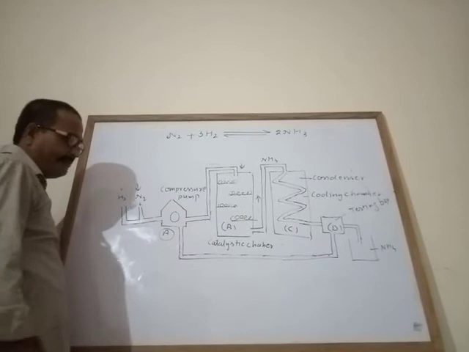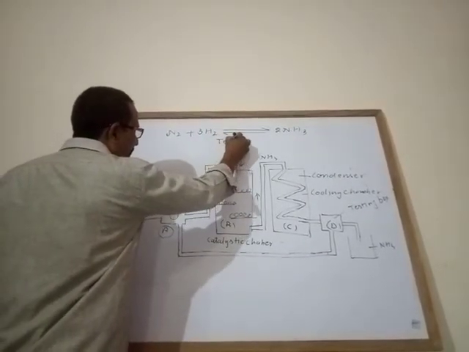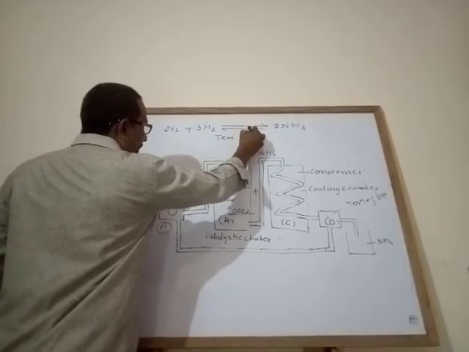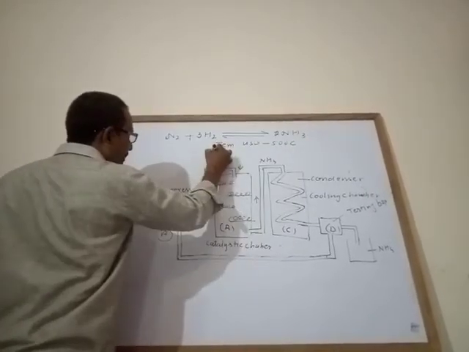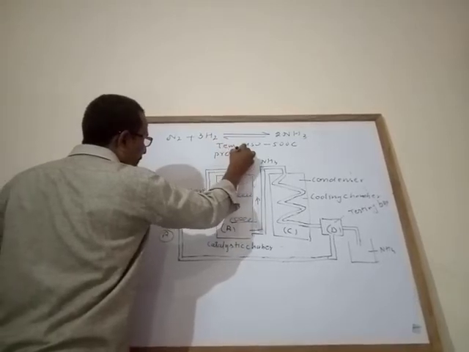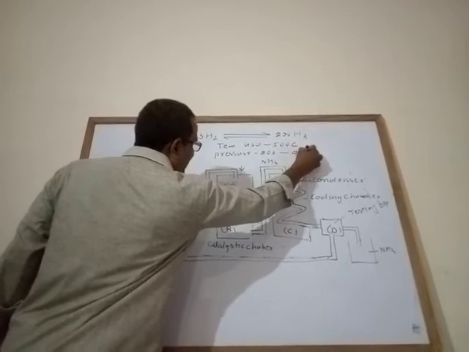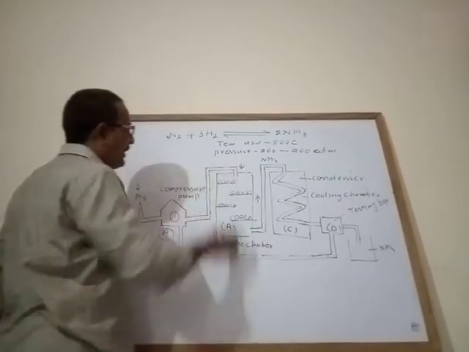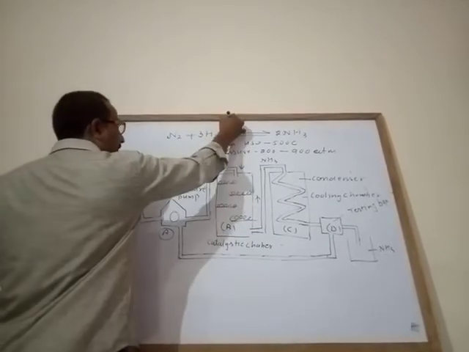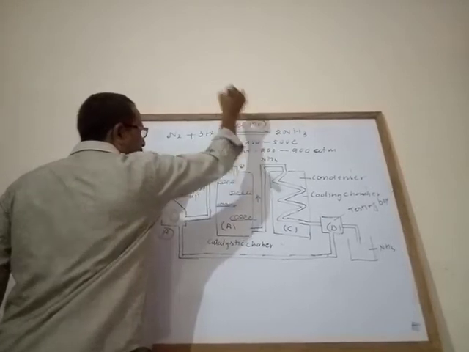Temperature should be 450 to 500 degrees Celsius. Pressure, atmospheric pressure should be 200 to 900 atm. What catalyst? Iron as a catalyst, molybdenum as a promoter.